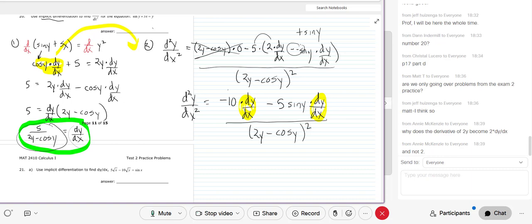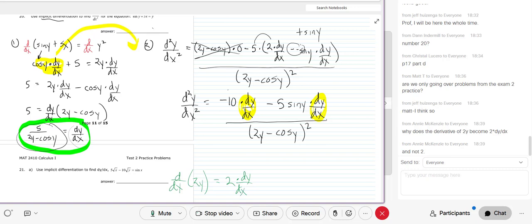Okay, why does the derivative of 2y become 2 dy over dx? Because the derivative of 2y is 2. If you're doing the derivative of 2y, it's the number in front. Then the variables don't match, so that's why it's dy over dx.